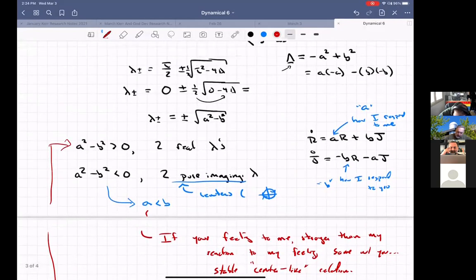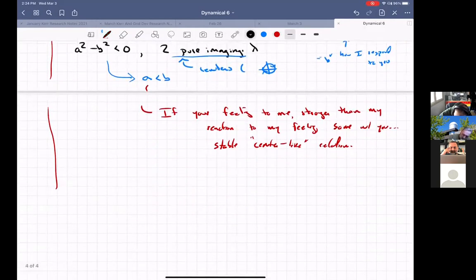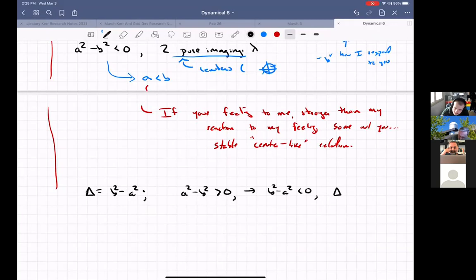Remember delta was b squared minus a squared. And the situation I'm thinking about is a squared minus b squared is positive. So that means that b squared minus a squared is negative, which means that delta is negative, which means I have a saddle.